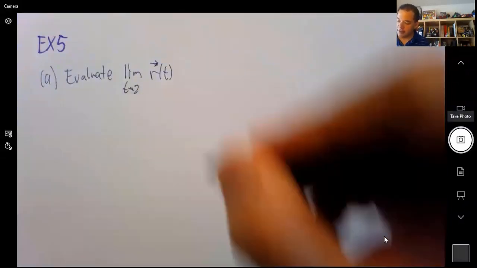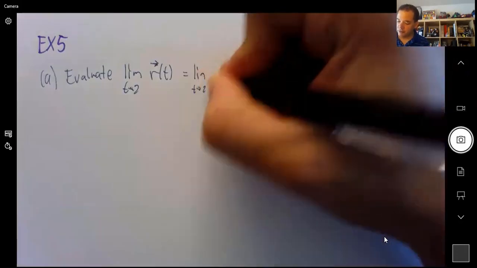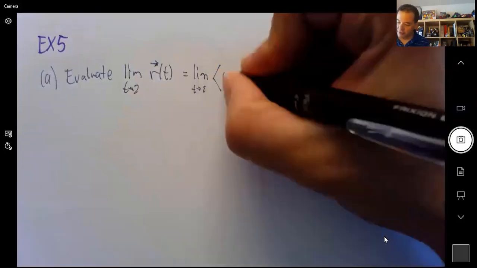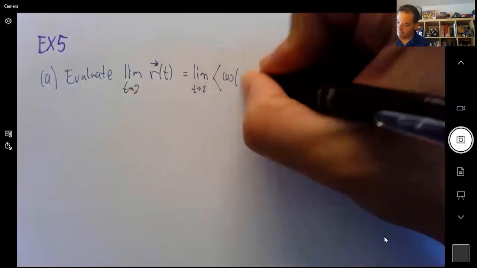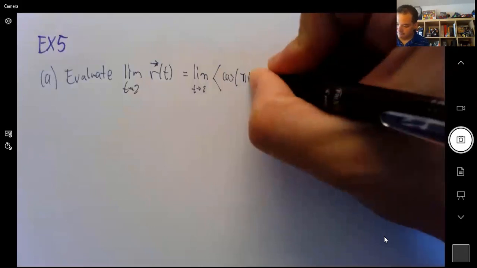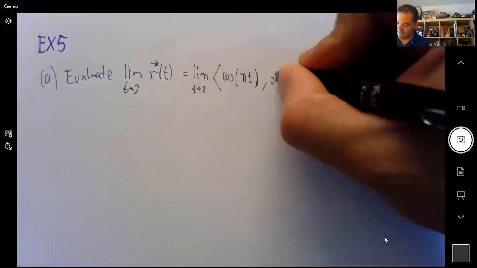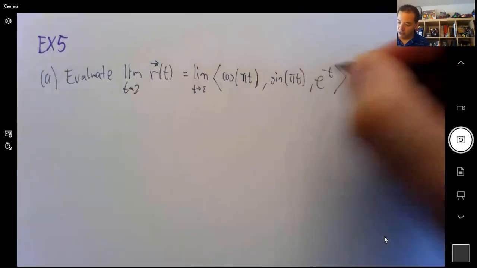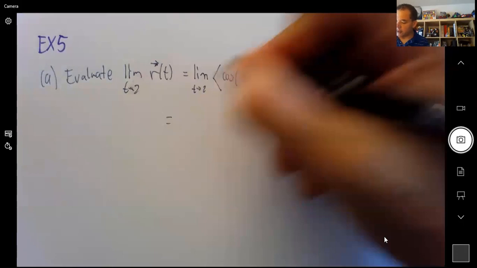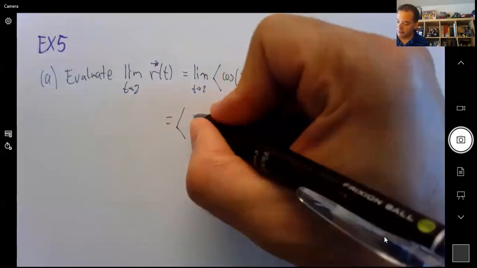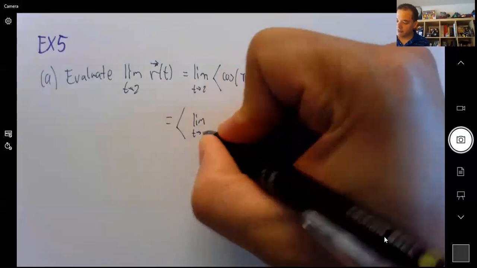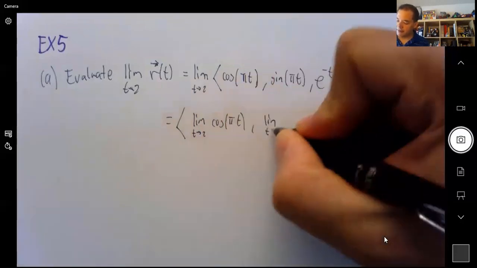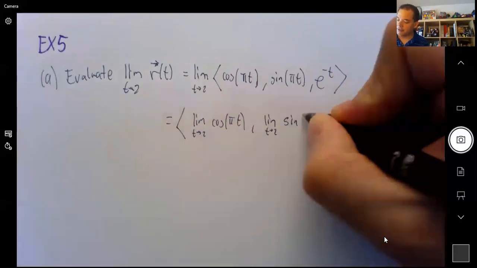Well, what is this r of t? According to our definition, this r of t has these components: cosine pi t, sine pi t, and e to the negative t. So all you need to do is do the limit of each one of the pieces. So the answer will be the limit of cosine pi t, comma, the limit of sine pi t. That's what I was telling you. It's kind of like doing 3 limits, right?